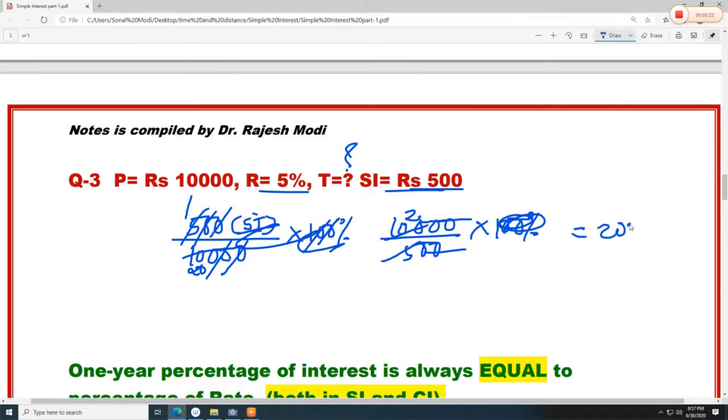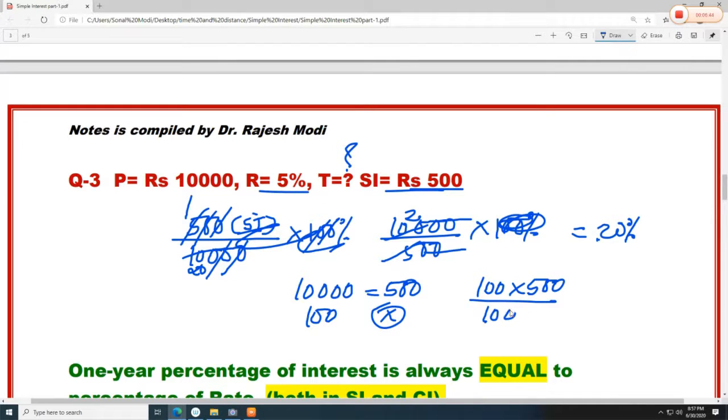So that is going to be 5%, because on a 10,000 investment you are earning 500. So if you are earning 100, then 100 into 500 divided by 10,000, that is going to be 5%.